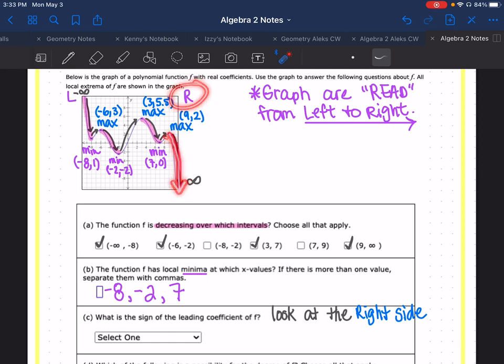Notice that it's falling. Remember that the rules say if it's positive, it rises, which means it's going to do this. And if the leading coefficient is negative, it is going to fall, which means it's going to do that. Look at our graph. Our graph on the right side appears to be falling like this. So I'm going to go ahead and say that the leading coefficient is negative.